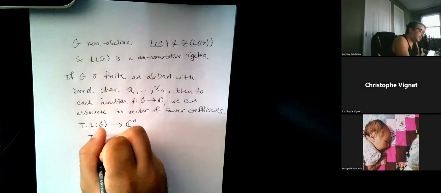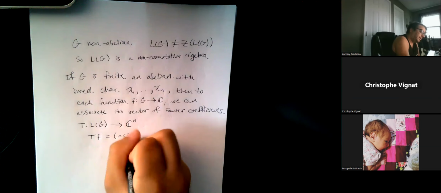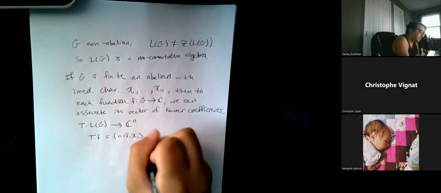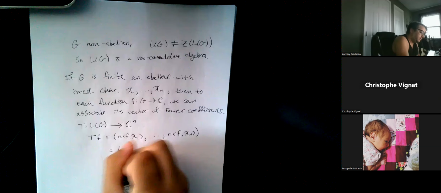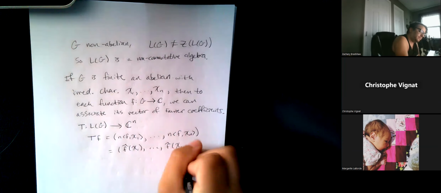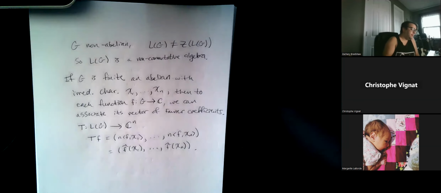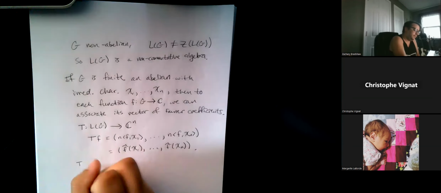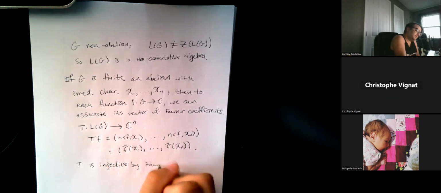And the way we define it is T applied to f is equal to, well, it's the Fourier coefficients. So remember, those are the inner product of f with chi1, through the inner product of f with chi-n. So these are the Fourier coefficients. The Fourier inversion theorem will actually tell us that T is in fact injective. So T is injective by Fourier inversion.